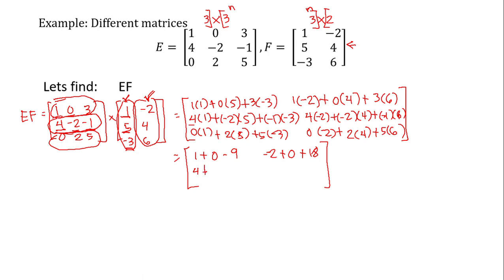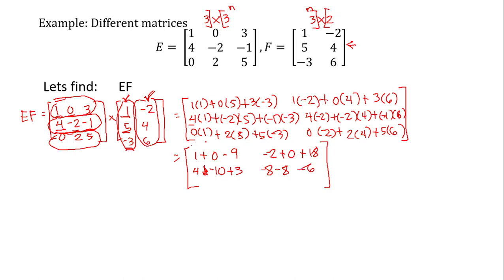Plus negative 2 times 5 is negative 10. Then, we have negative 1 times negative 3 is positive 3. Okay? Next, we have 4 times negative 2 is negative 8. Negative 2 times 4 is negative 8 again. And we have negative 1 times 6 is negative 6.